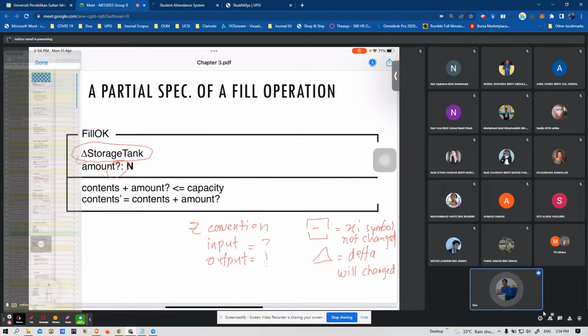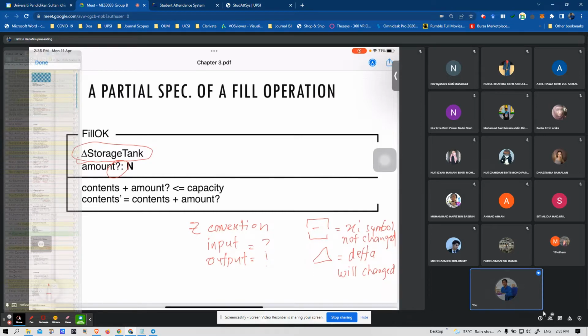Okay, and then we have the predicate: content plus content as an input, less than or equal to capacity, and then content. Okay, we use the invariant after.